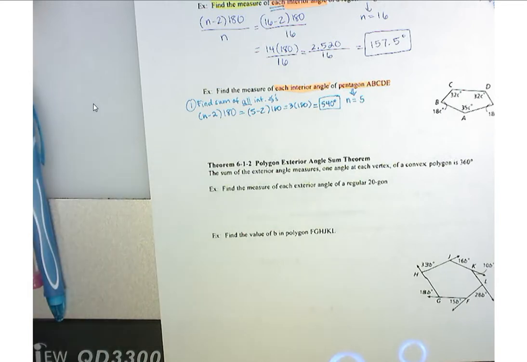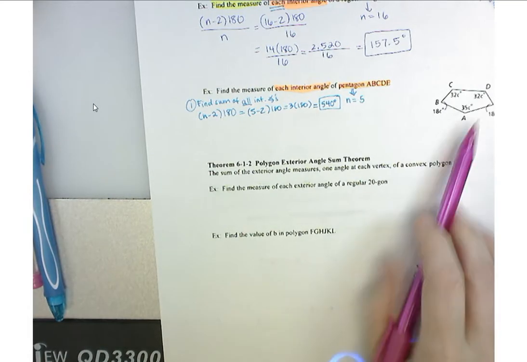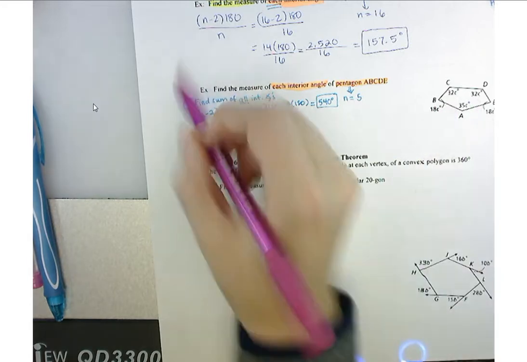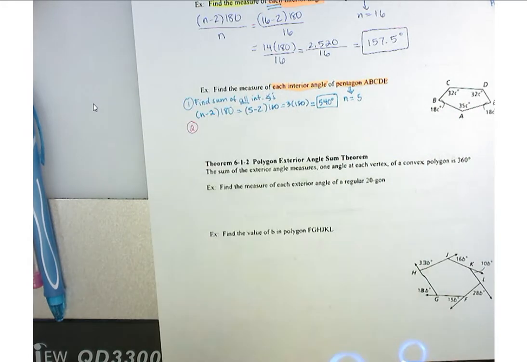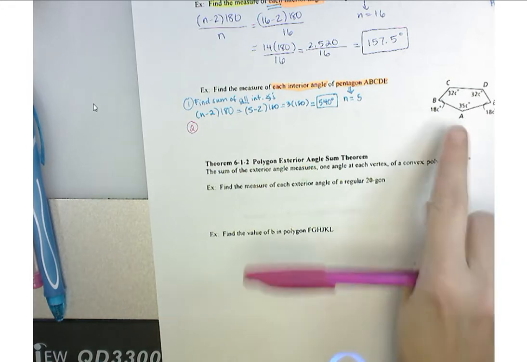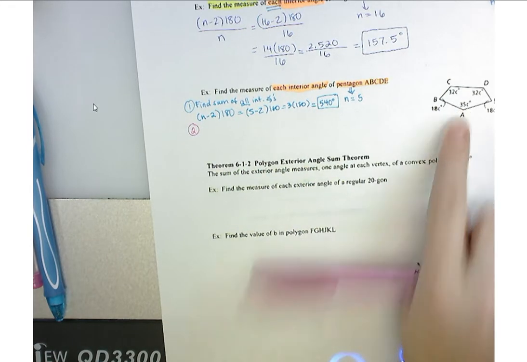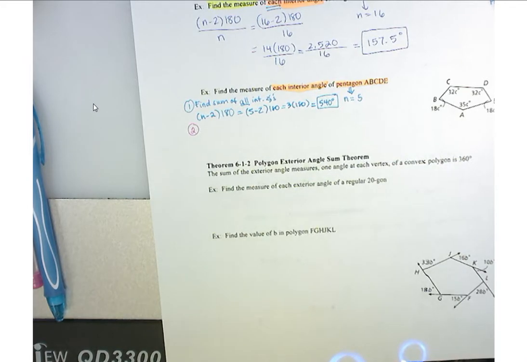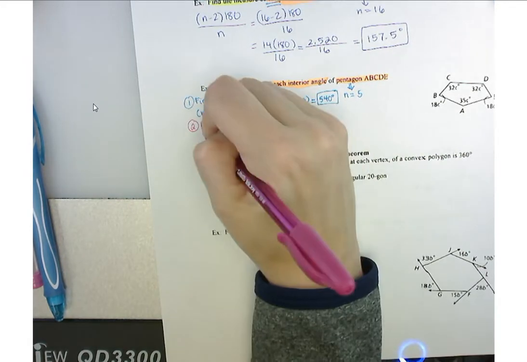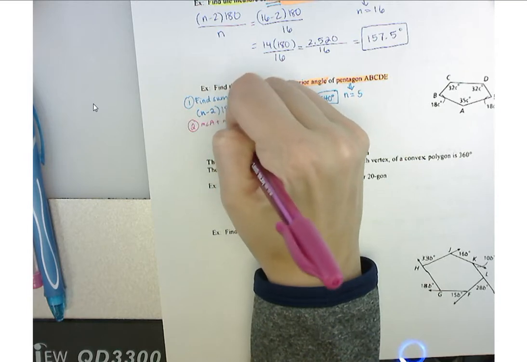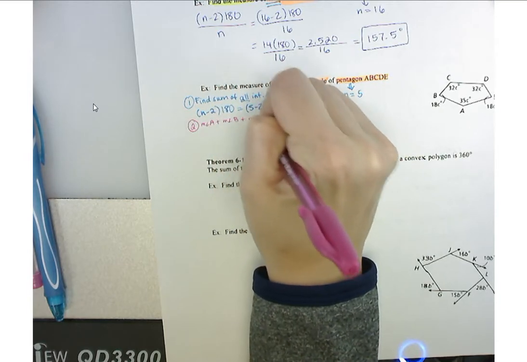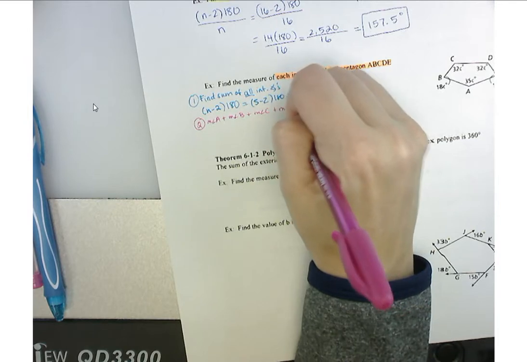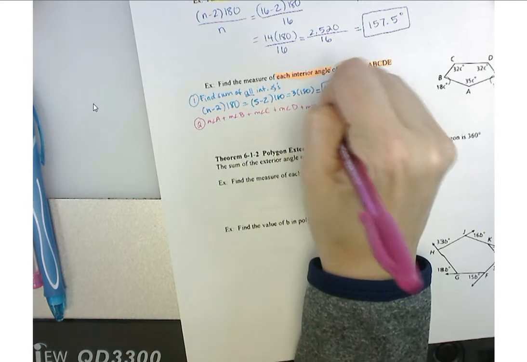Right, now my second step is I can set up an equation for all of these angles, because I know that all of the angles added together is equal to 540. Okay, so I know that the measure of angle A plus angle B plus angle C plus angle D plus angle E equals, well, what did I just find that it was equal to? 540. Okay, so I'm going to set all of these equal to 540.